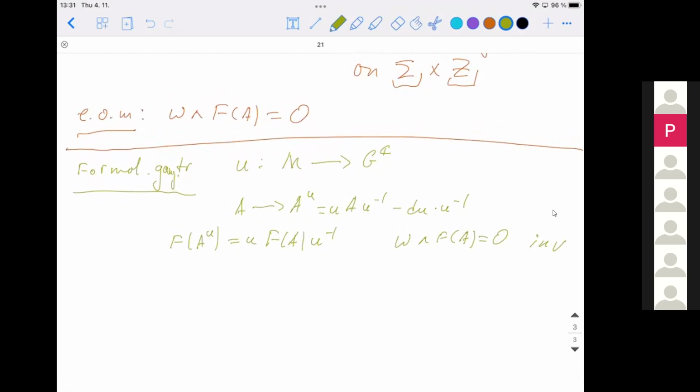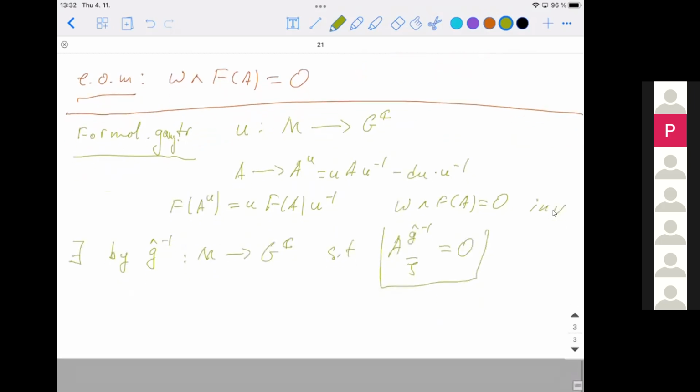Suppose there exists a formal gauge transformation like this, such that the transformation of this gauge field on the zeta bar direction is actually 0.